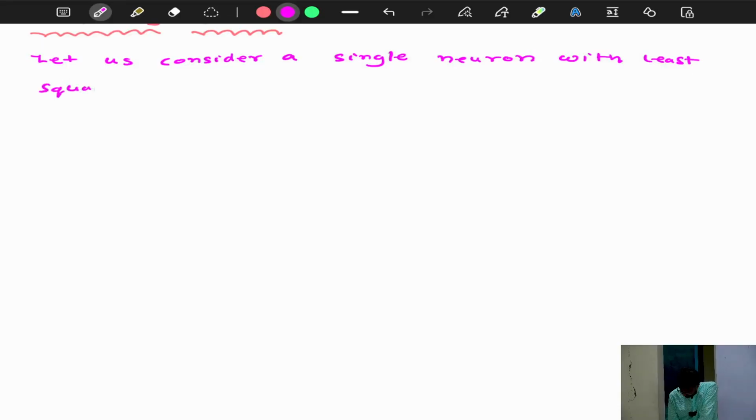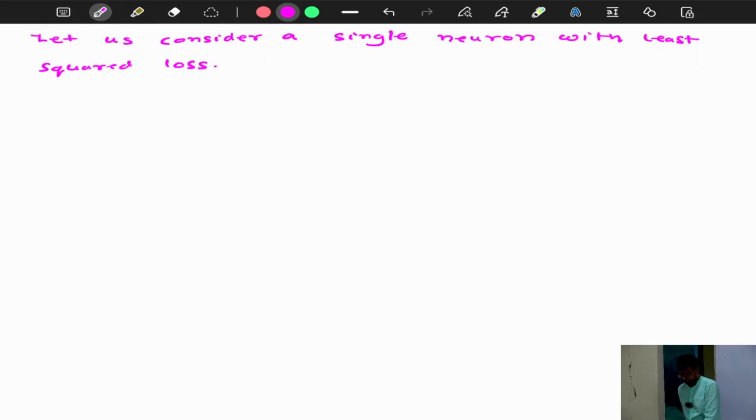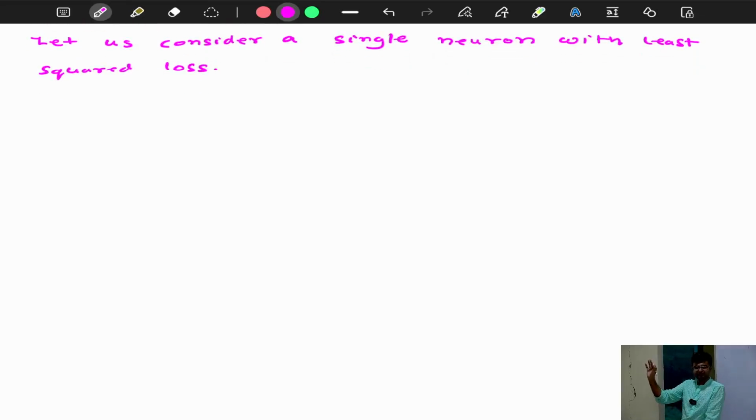We are considering a single neuron with a least square loss. So, what is y in that case? y is equal to sigma of W x plus b. I am not writing transpose, basically I am already writing it in rotated form. This is my neuron.